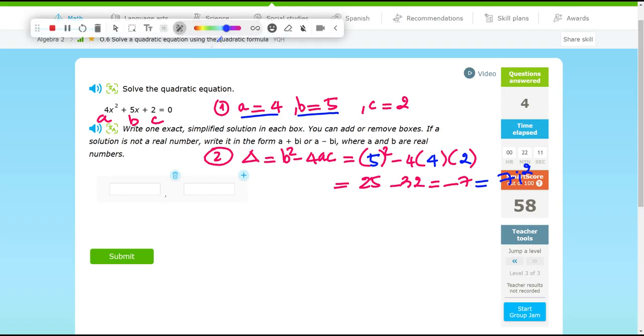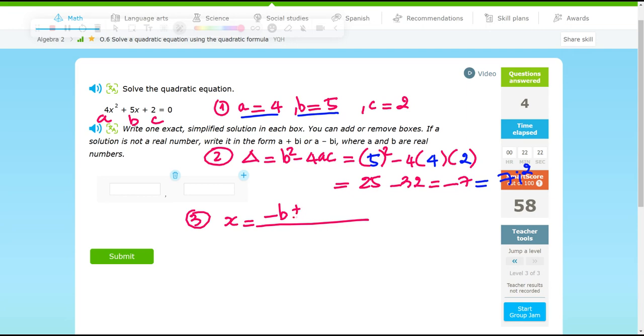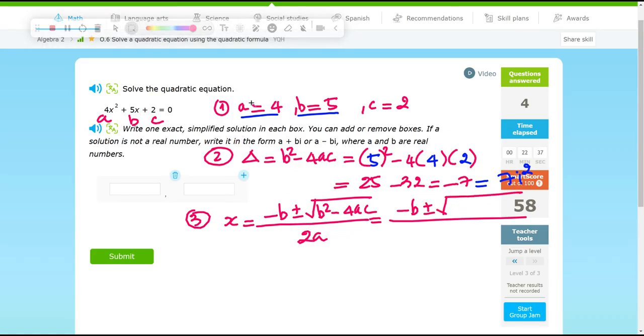So now, step number 3, I just substitute A, B, C, and delta into the quadratic formula. X equal subtract B plus minus square root of B squared subtract 4AC over 2A. Okay, so now substitute, but you know that B squared subtract 4AC, that's the delta.